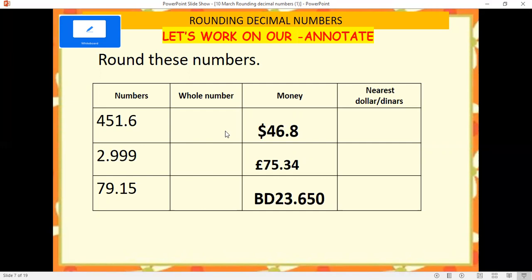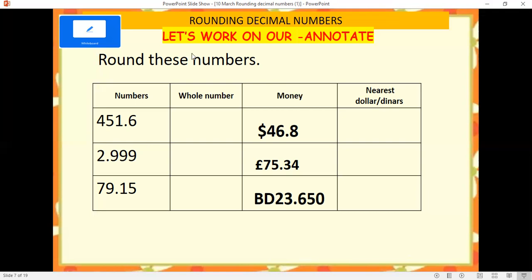Okay, so you need to apply how to round to the nearest whole number. It will be the same thing. Just remember that we can round the number when the digit that we need, or the decider, is 4 or less, we have to ignore it, or if it's 5 or more, we have to add one more, correct?